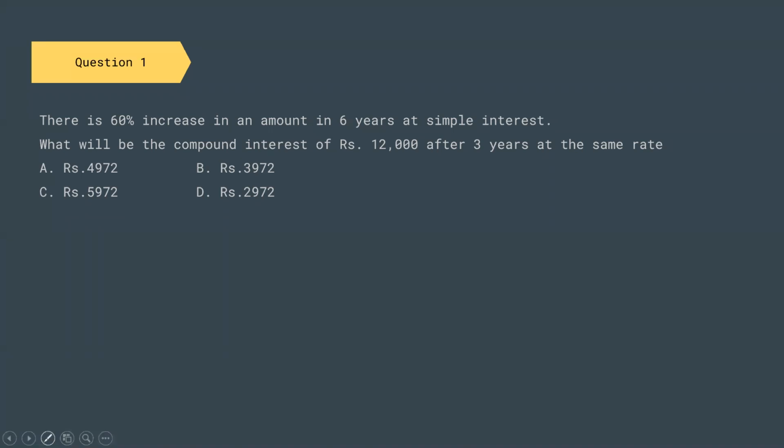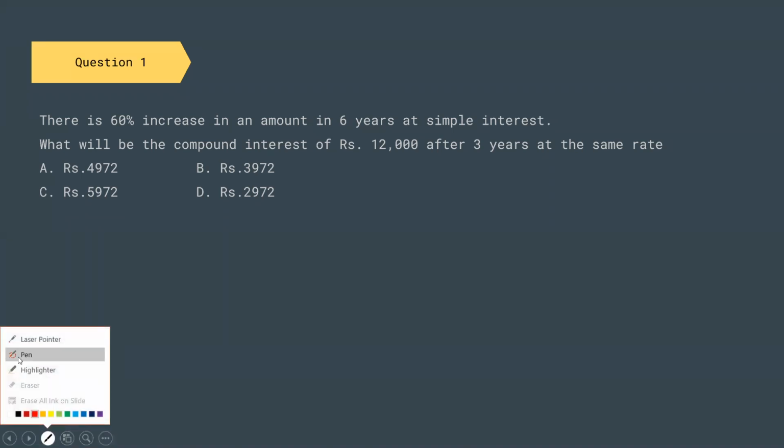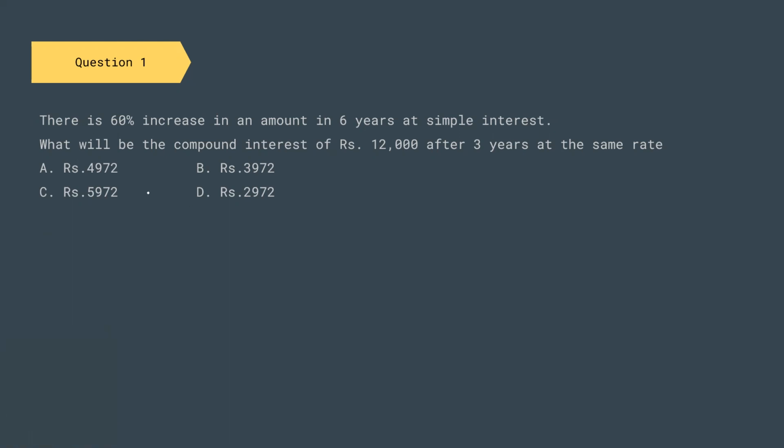Let us see this first question. There is a 60% increase in an amount in 6 years at simple interest. So the amount has increased by 60% at simple interest over 6 years.